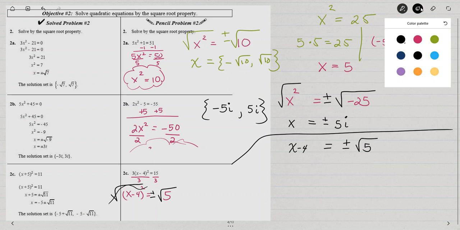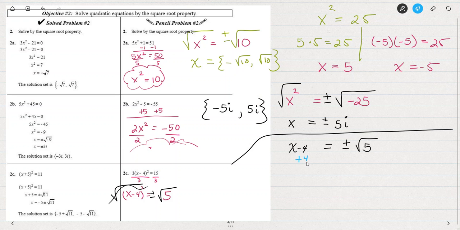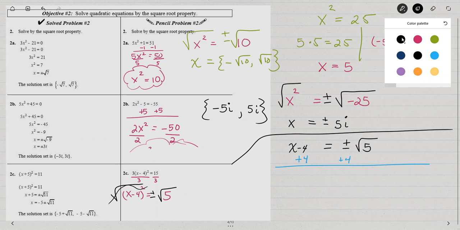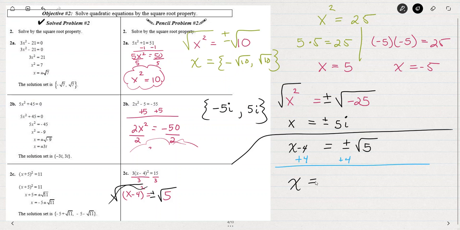We're almost there. To finish solving this for x, I'm just going to add 4 to both sides. And here's what that would look like as a result. We'd have x equals 4 plus or minus the square root of 5.